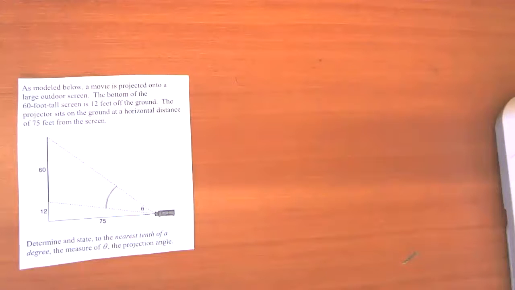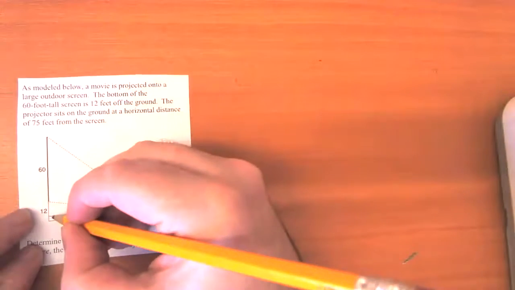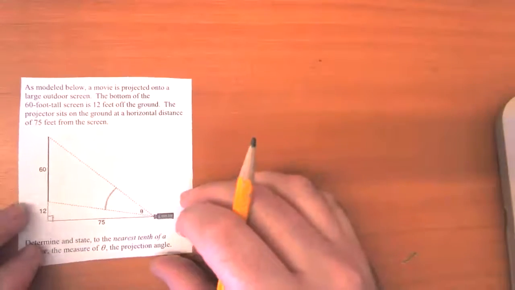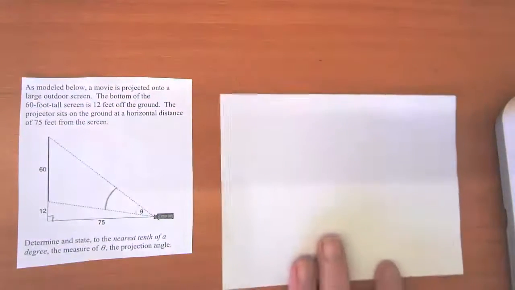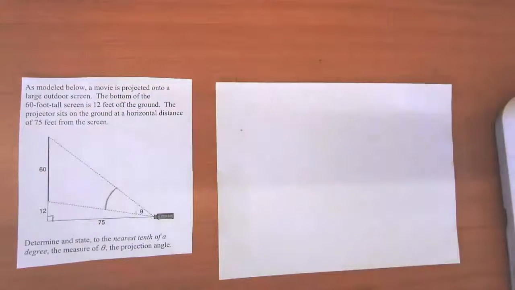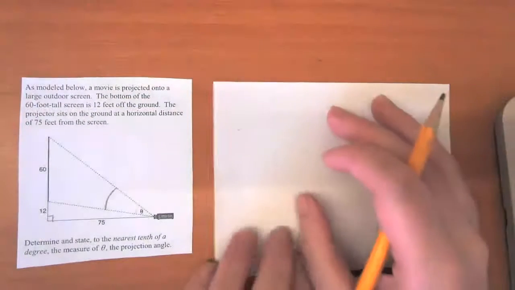So the first problem here is finding any right angle at all so that we've got some right triangles. Where is there a right angle in this diagram? Well, there's a right triangle right there. So based on this, I can see two right triangles.